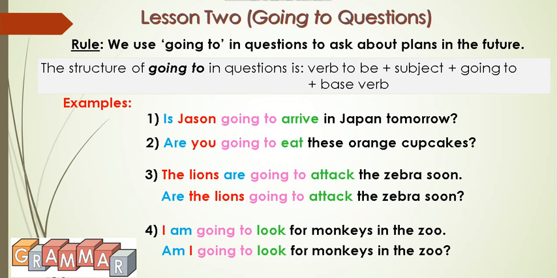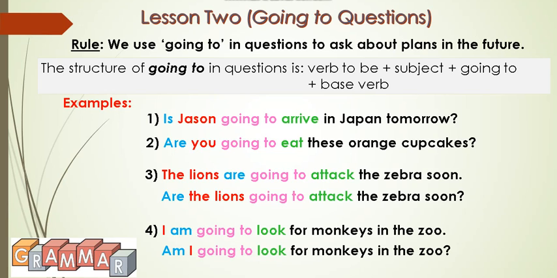Now I will give you an example that uses going to as a statement in which I'm going to change it to a question. And I must not forget to change the structure of the sentence. The lions are going to attack the zebra soon. This is a statement. It starts with the subject. Now I want to change it to a question.